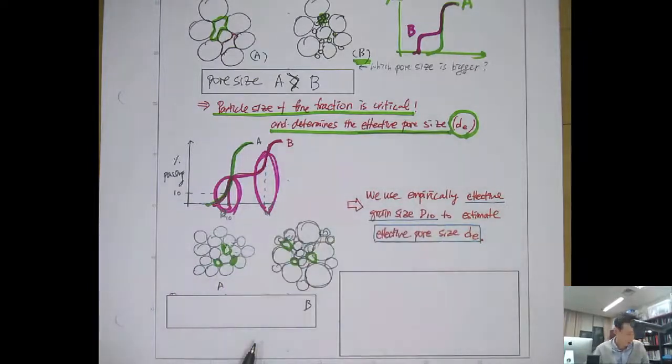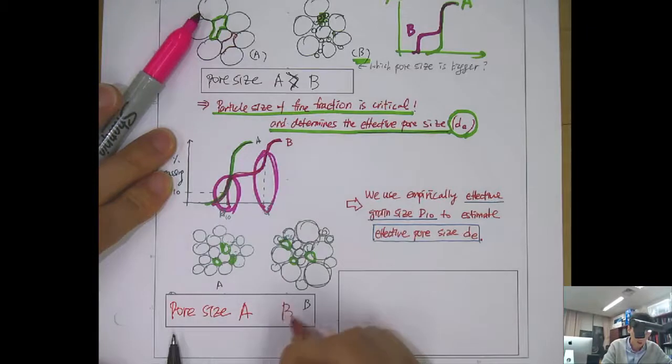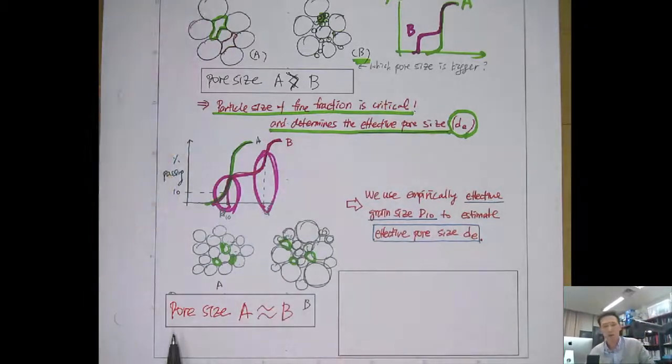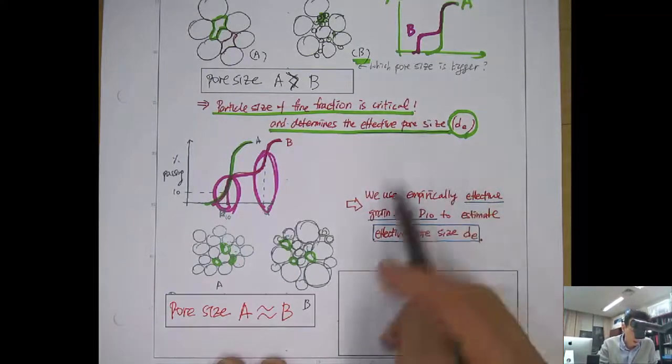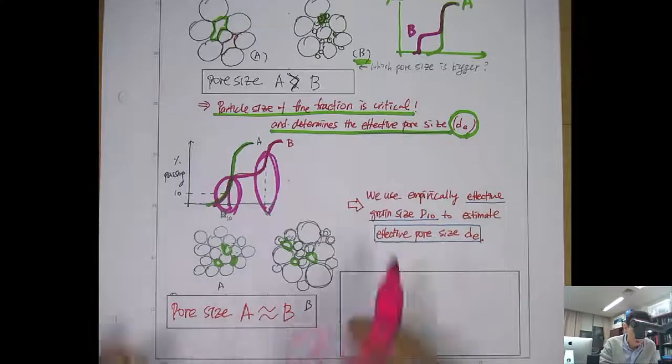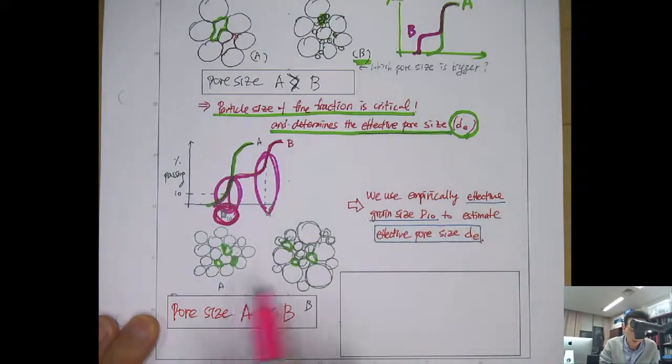So we can say the pore size of soil A is pretty similar to that of soil B.